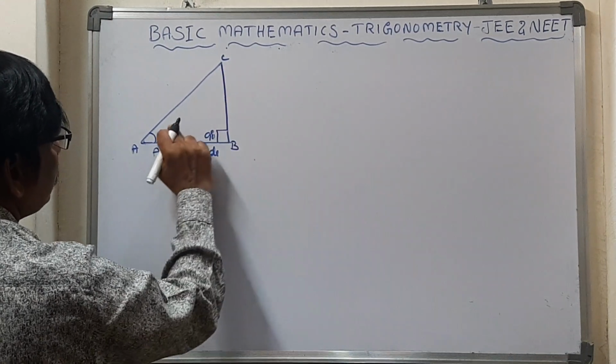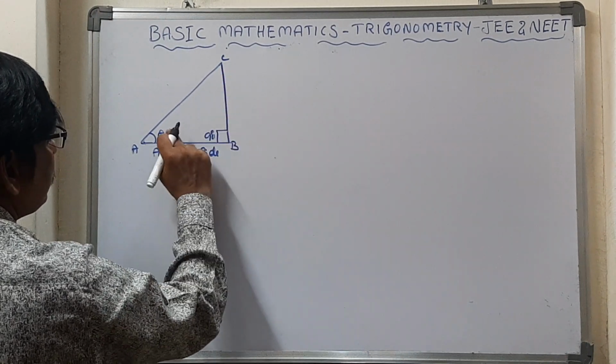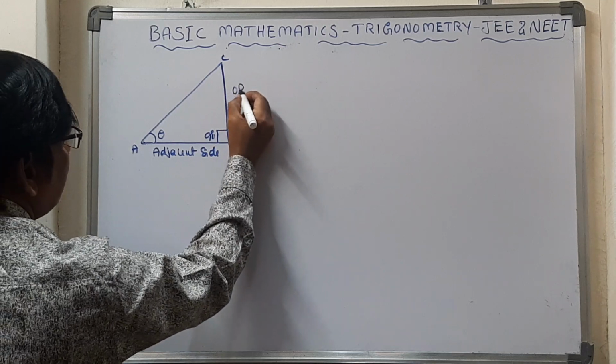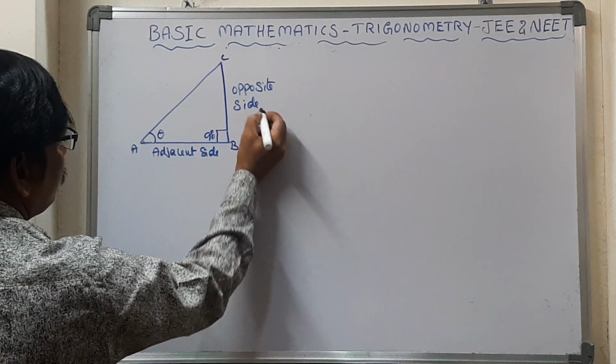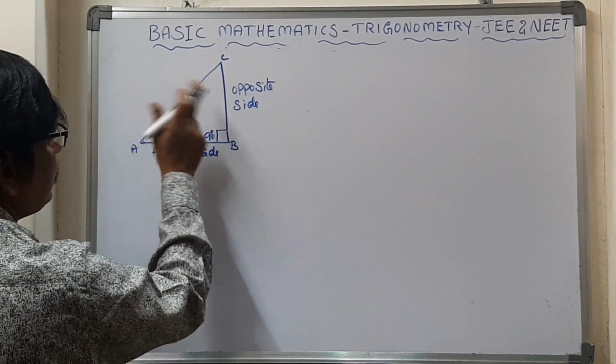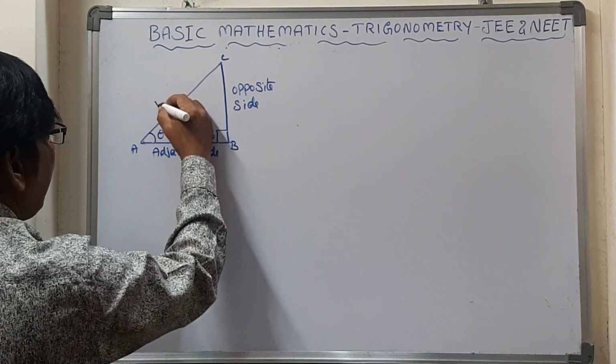The side opposite to this angle is called the opposite side. Among these three sides, the longest side is called the hypotenuse.